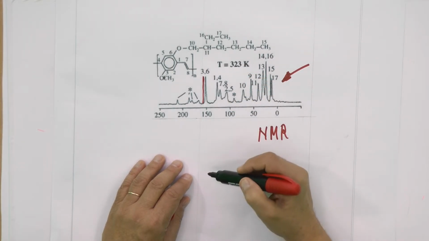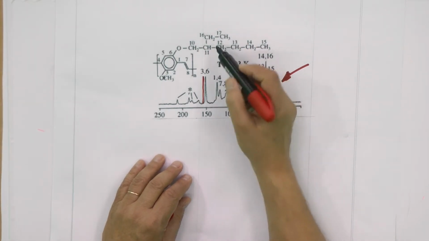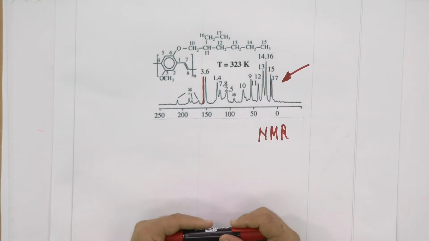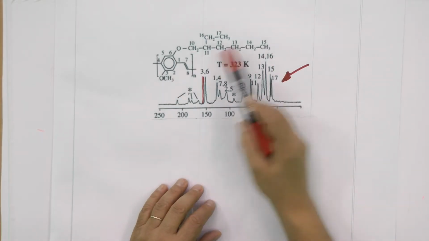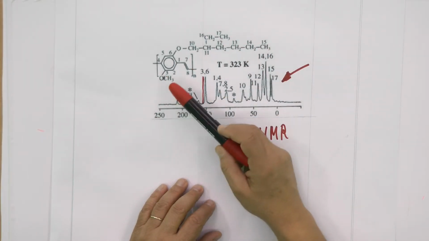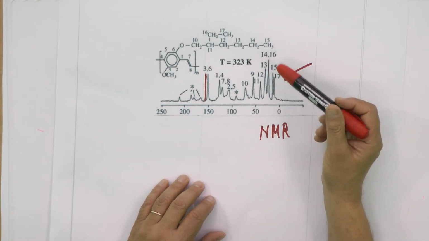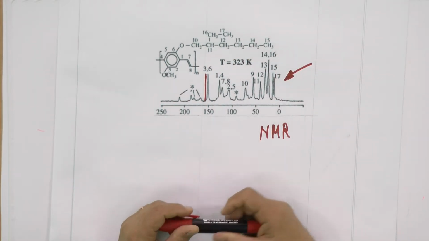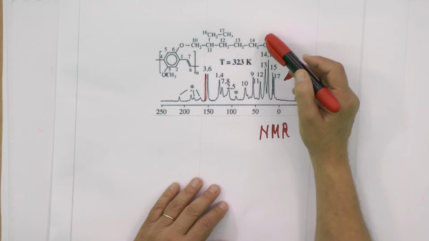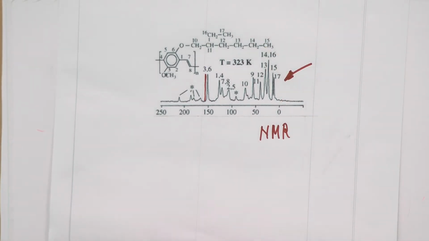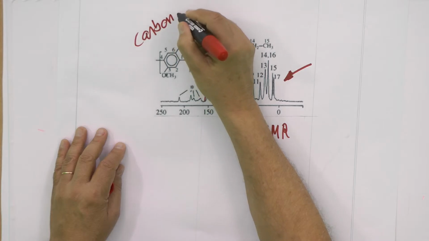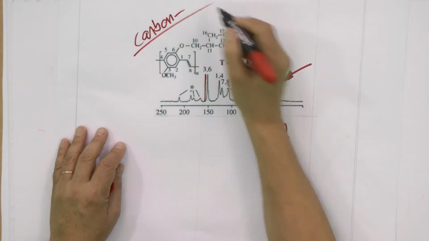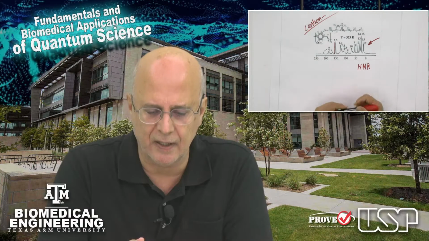So we can identify that something got closer to it, because it changed the shift, because it changed the environment. So we have many numbers for carbons or for hydrogen, and we can identify them in the NMR. I don't remember exactly if this is for the carbon. I think it's for the carbon. So this is the carbon type of NMR.